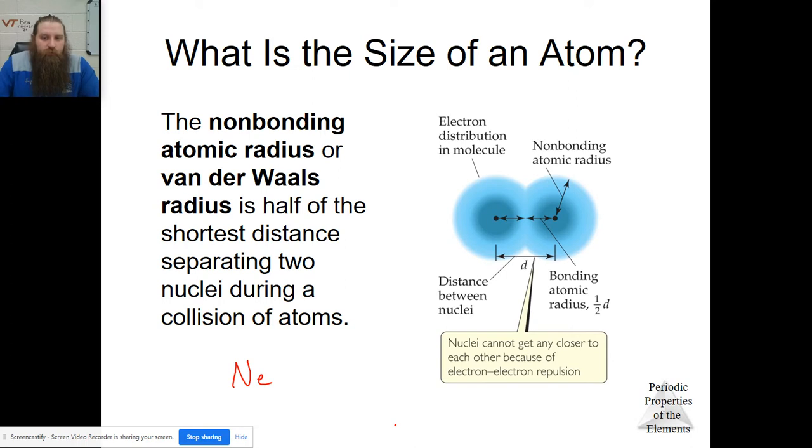So in order to figure out these non-bonding atoms, we just collide the two and then we measure it. Once you get close enough for a collision, you're going to have electron-electron repulsion. That's going to arrest the movement. That's as close as they can get. And so we cut that in half and we say that is the size of the atom. That's the non-bonding atomic radius.